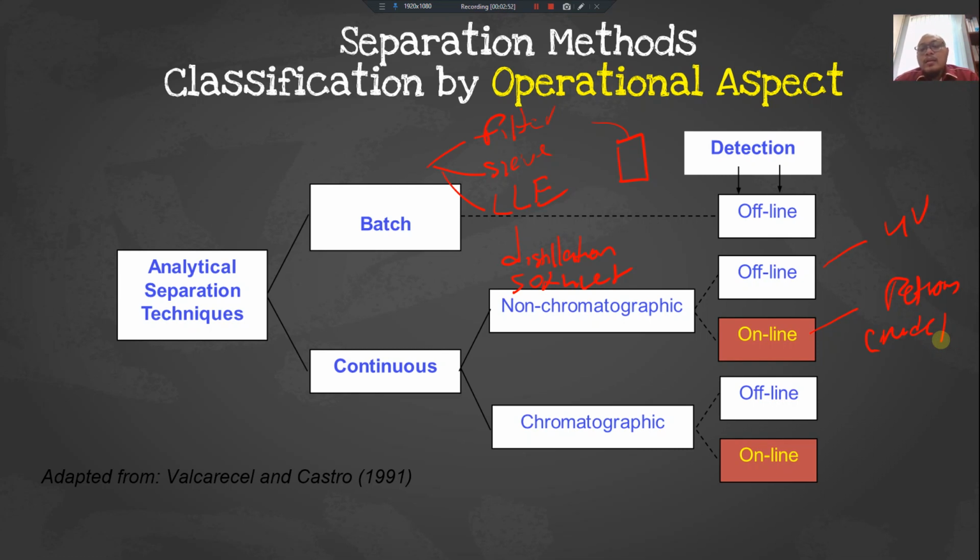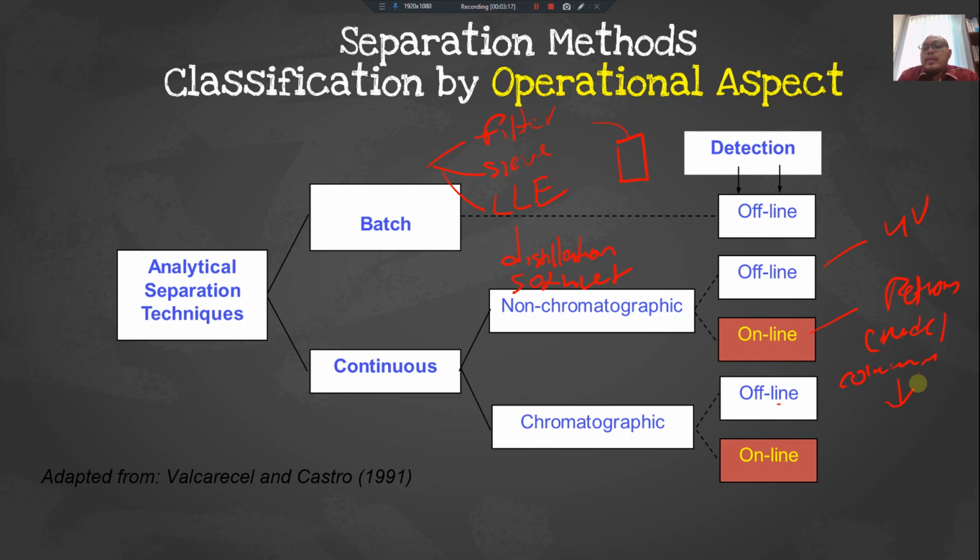How about continuous chromatography? Either offline or online. I give you an example here. Continuous chromatography offline, for example, column chromatography. It means that you cannot put the detector at the end of the column. You can search by yourself about column chromatography. How about continuous chromatography and online?